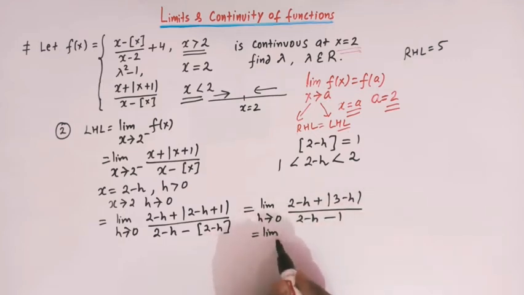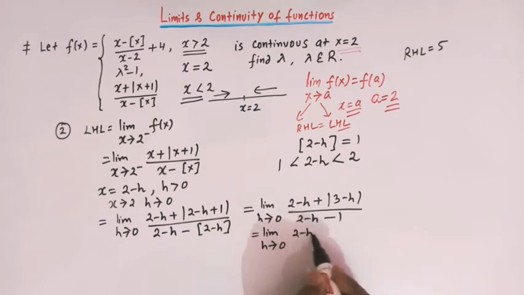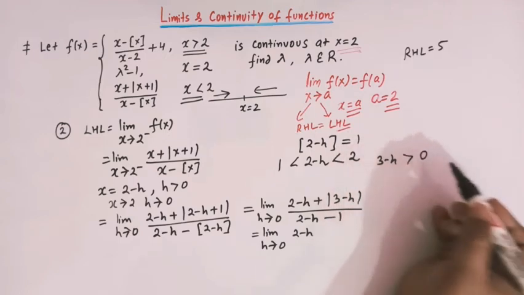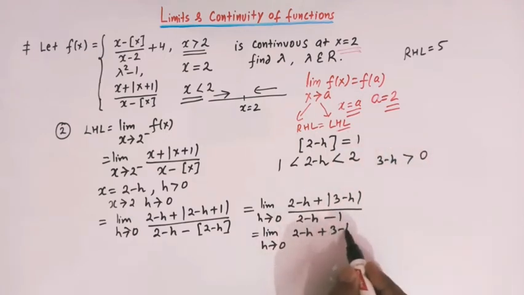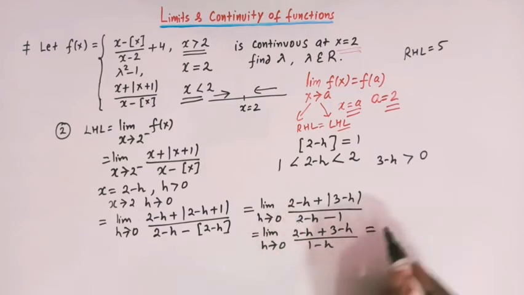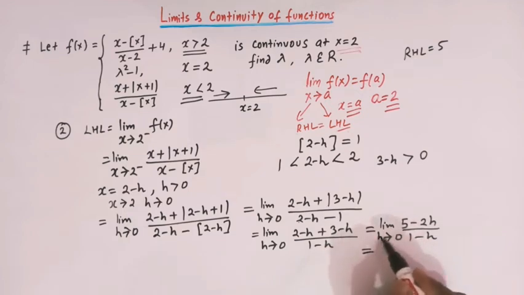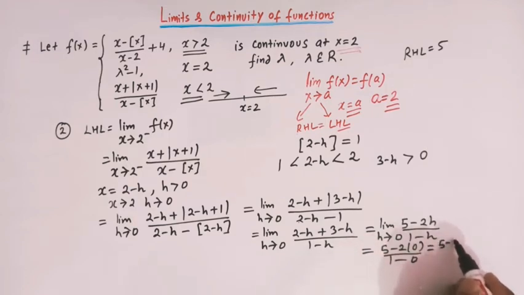So this is limit h tends to 0, 2 minus h, and here 3 minus h is obviously greater than 0, so we can write it as plus 3 minus h, and here 2 minus 1 is 1, so 1 minus h, and this is limit h tends to 0, this is 3 plus 2, 5 minus 2h, over 1 minus h, and when h tends to 0 we have 5 minus 2 times 0, and here we have 1 minus 0, so this is 5 minus 0 over 1 minus 0, that is 5, right?